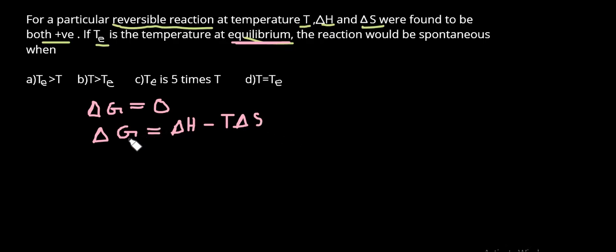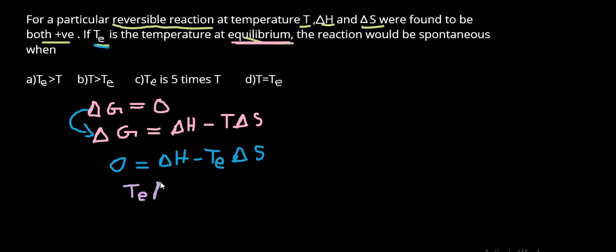Now in the equilibrium state, ΔG is equal to 0, so 0 = ΔH minus T_E into ΔS, since in equilibrium the temperature is T_E according to the question. Continuing this equation, T_E into ΔS is equal to ΔH.